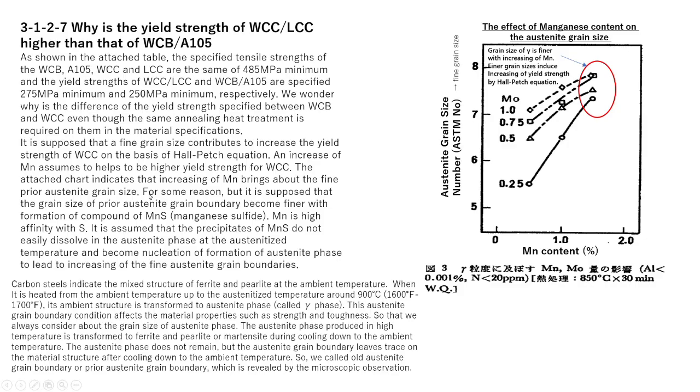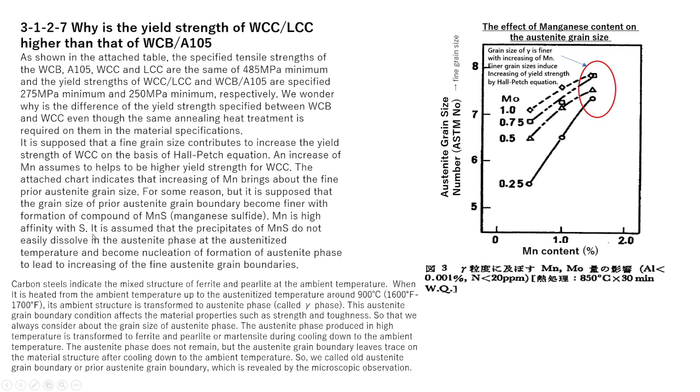So for some reason, the effect of the manganese will contribute. I'm not sure, but it is supposed that the grain size of the prior austenite grain boundary becomes finer with the formation of the compound of manganese sulfide. Manganese has high affinity with sulfur.